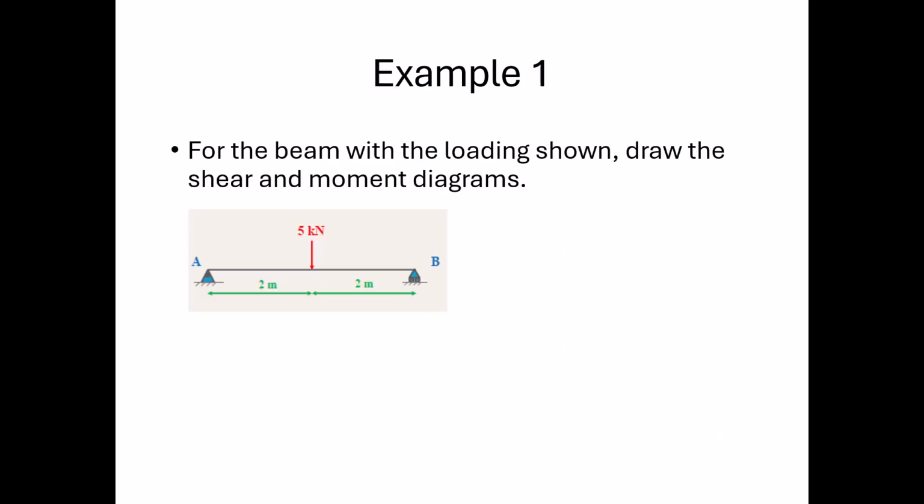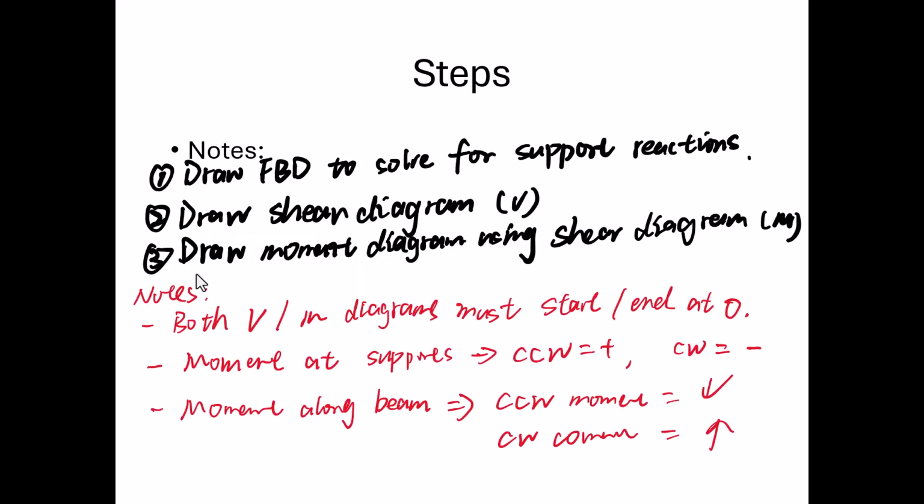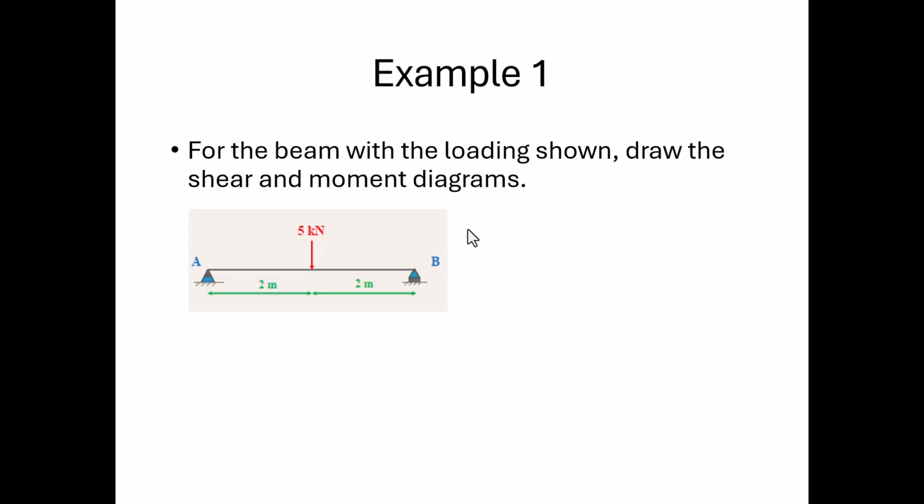Here's an example. You have the beam and you need to draw the shear and moment diagram for this example. As we already discussed, first you need to draw the free body diagram to solve for the support reactions. Here is a beam. There is a pin.